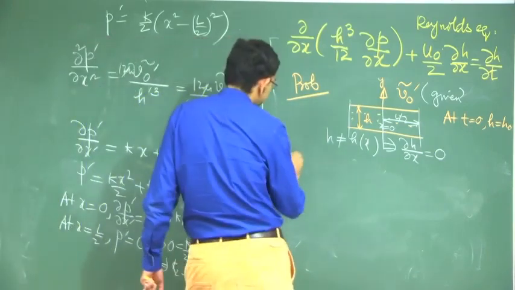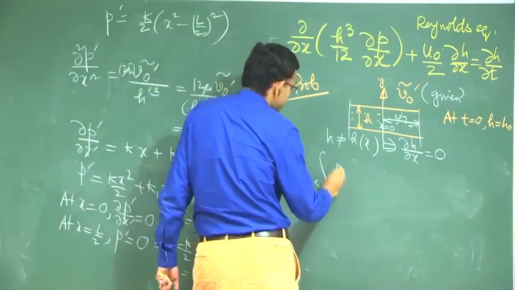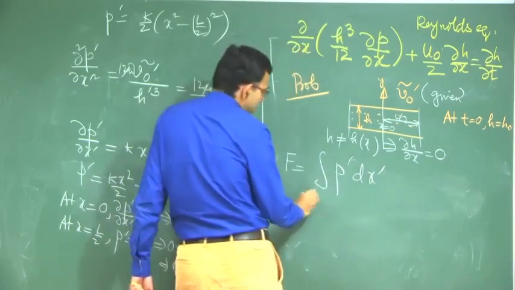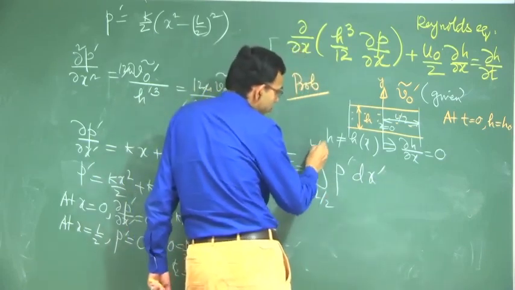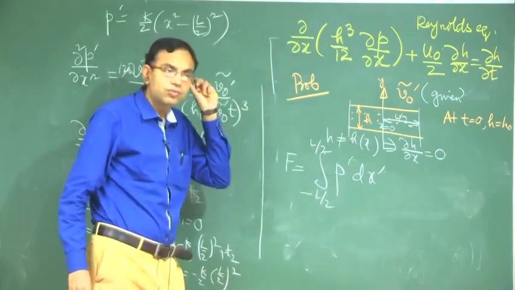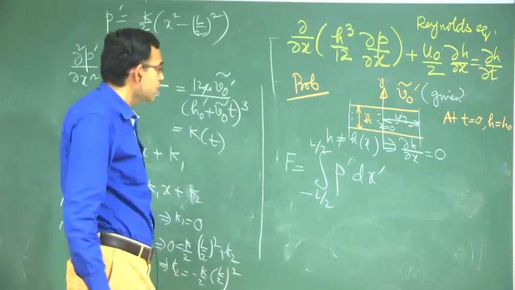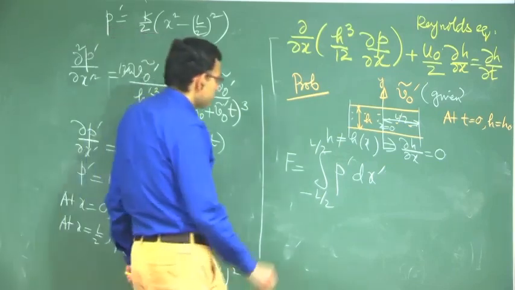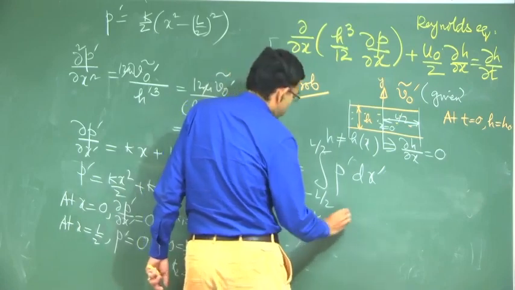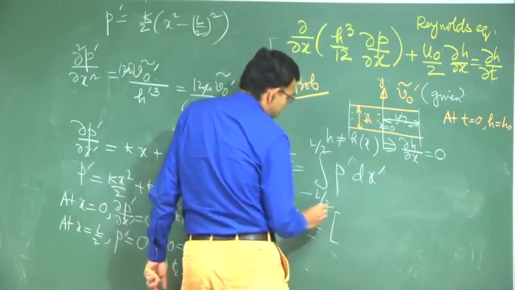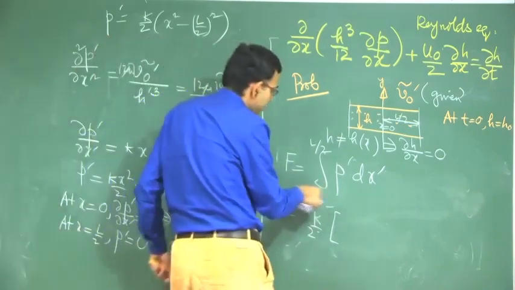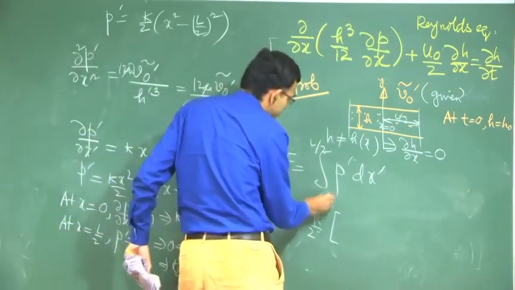F will be the integral of this from x equal to minus L by 2 to L by 2, or 2 into 0 to L by 2, because our domain is 0 to L by 2.